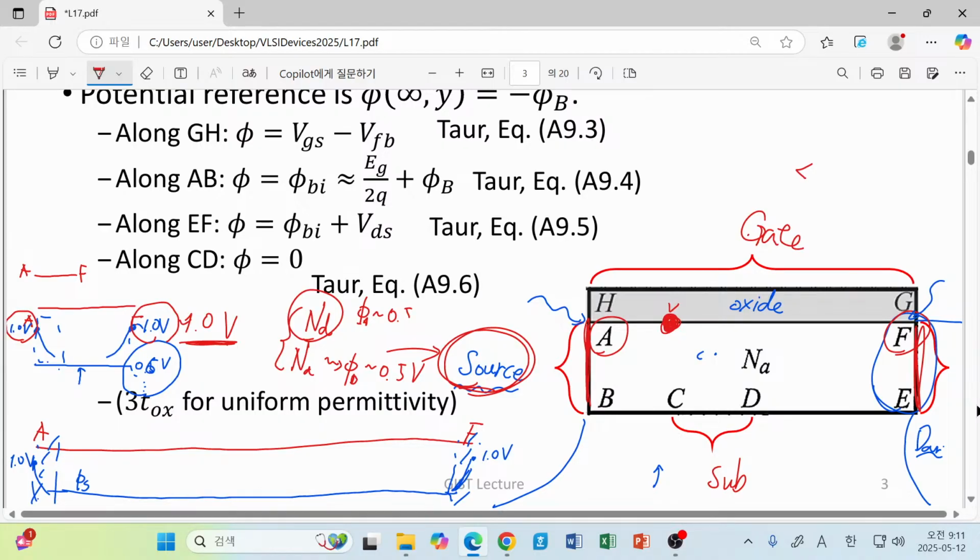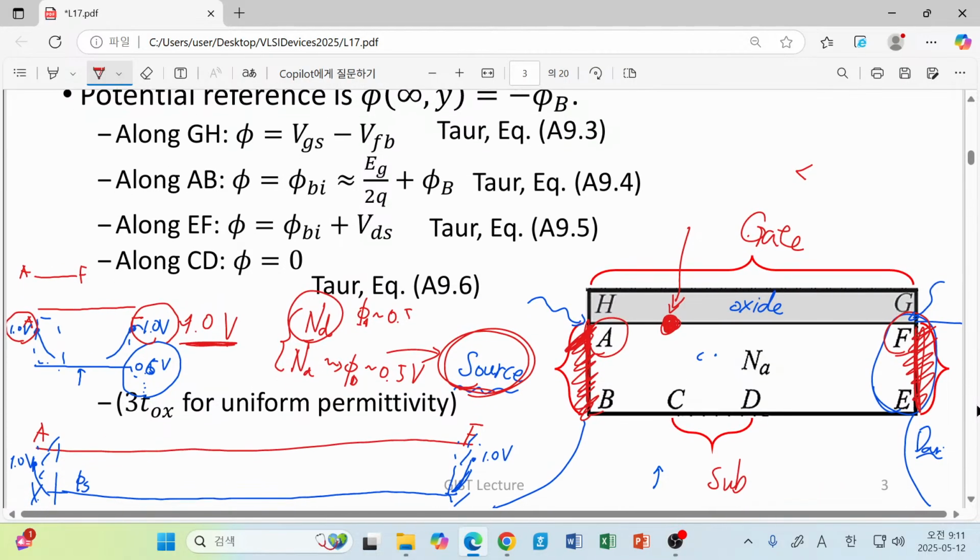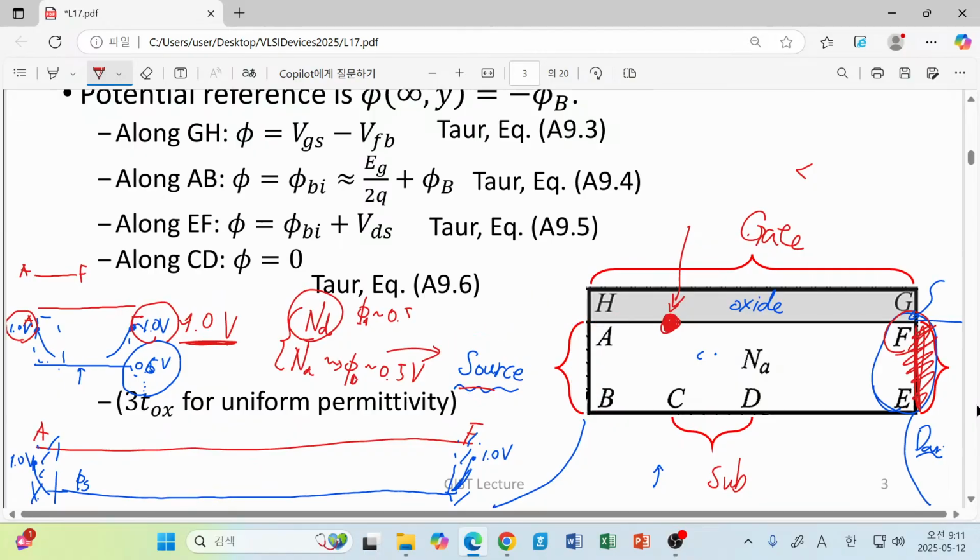If we consider just a long channel device, it's just okay. But if we consider a short channel device, then our condition for these AB and EF segments is much less than our nominal value at the center point. So that really increases the entire potential. That's the point.